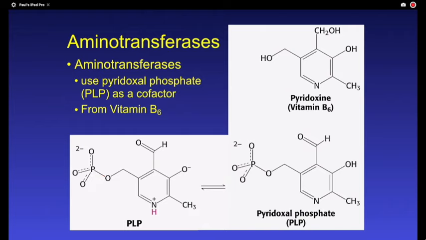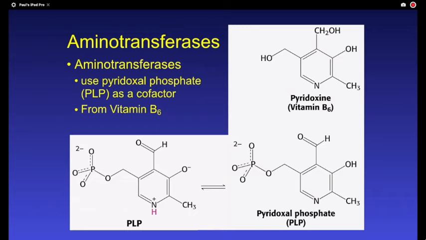And the aminotransferase, this has nothing to do with the reaction. It's going to use a totally different part of the cofactor. And what we're going to do is we're going to use this ring and this ketone as part of the reaction mechanism. So this is kind of interesting in that we use the same cofactor, but we use it in different ways.